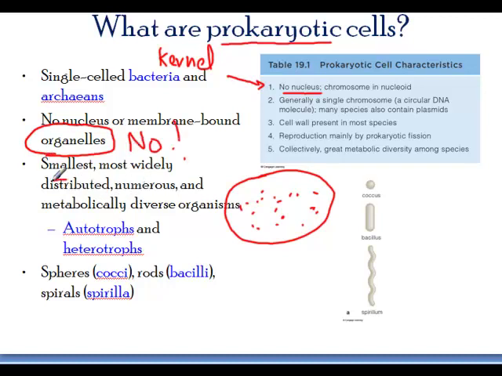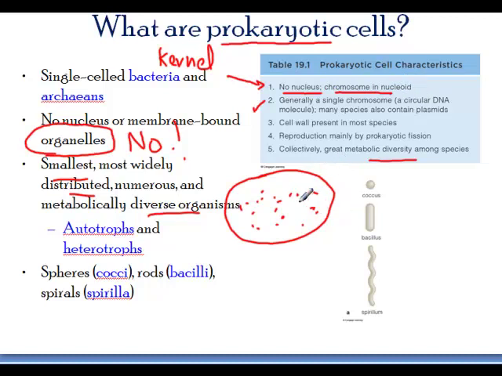They're very small, highly distributed in very diverse organisms. By this we mean that they will be found in many different shapes and different diverse populations. Since these cells don't have a nucleus, the genetic material, which is the chromosome, is present as a nucleoid.